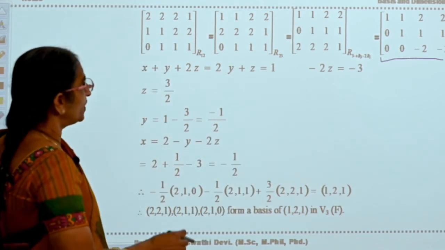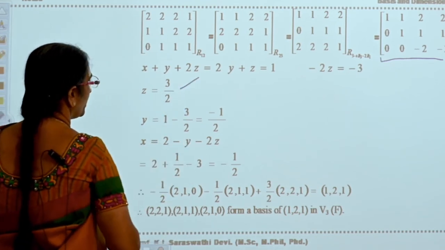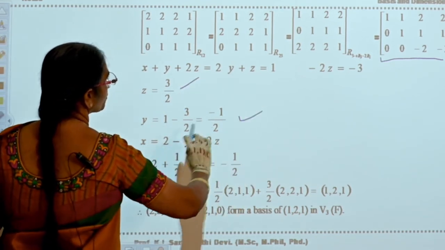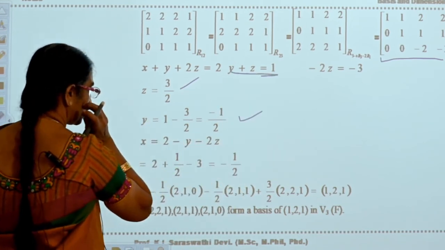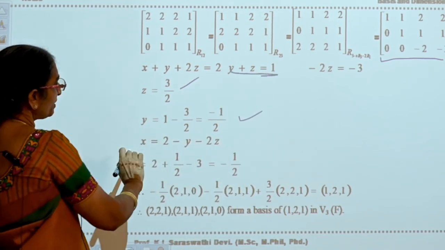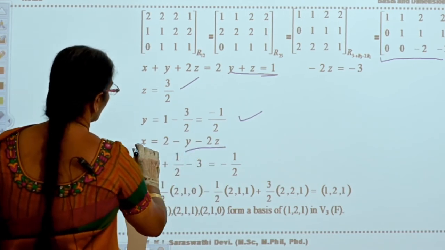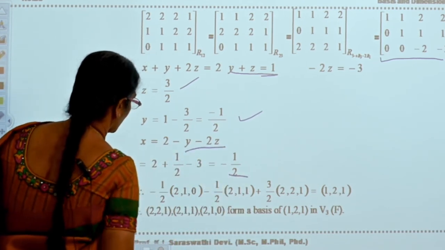Now from this, you see z is equal to 3 by 2, y is equal to minus 1 by 2. Substitute the z value here, you will get y is equal to minus 1 by 2. Similarly, substituting the y value and z value in x, you will get x is minus half.